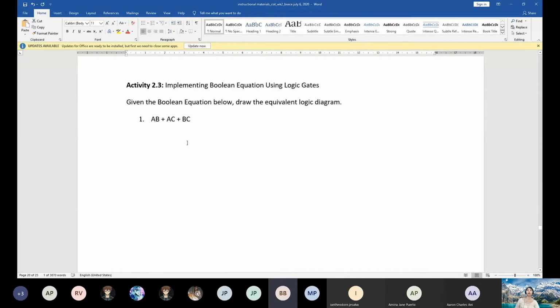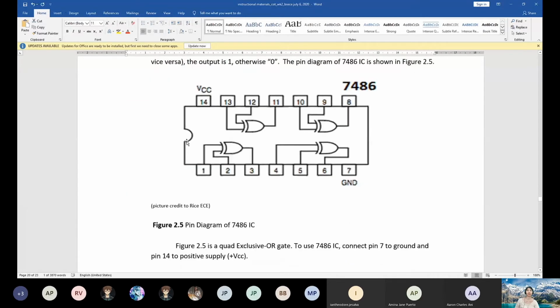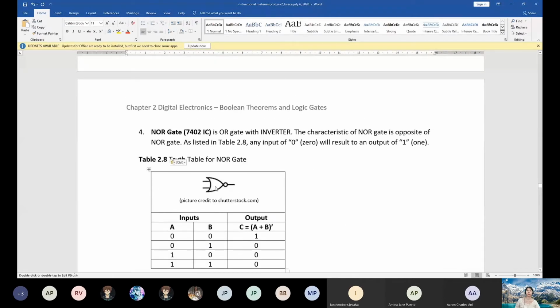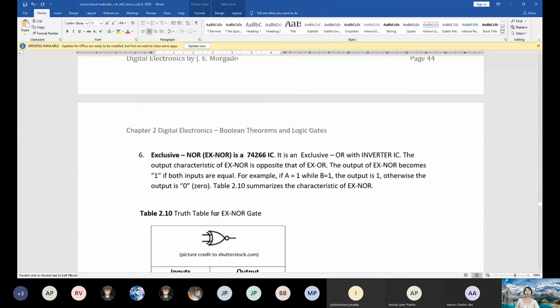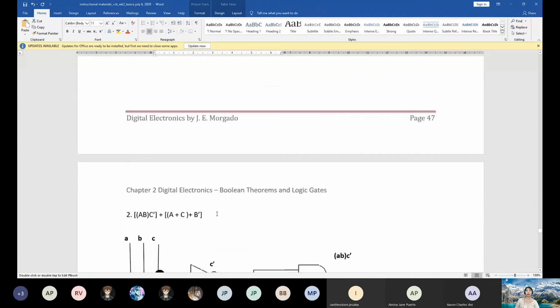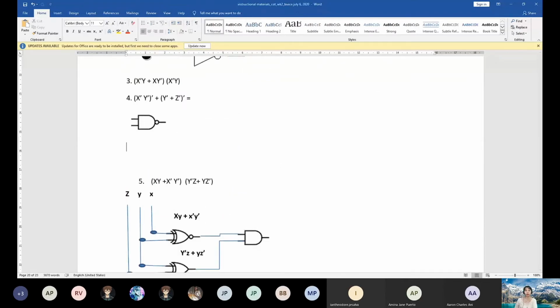We will use a NOR gate. If you have any questions or clarification, just feel free to ask anytime.